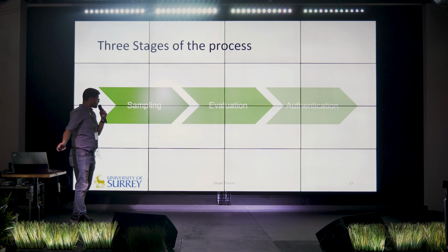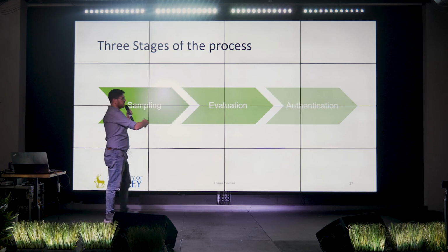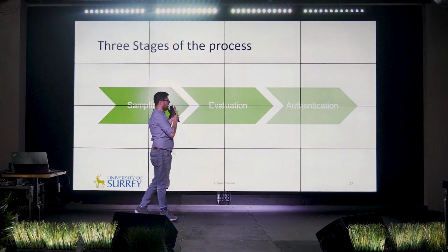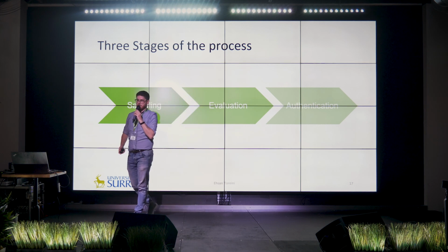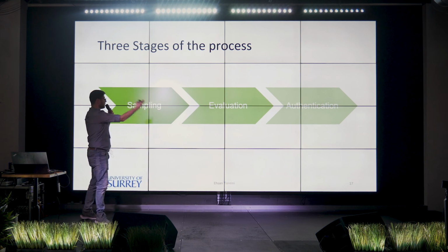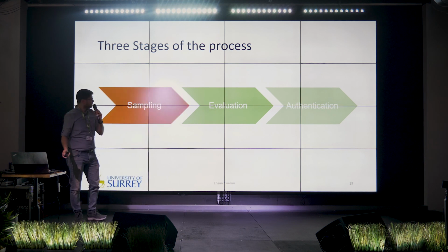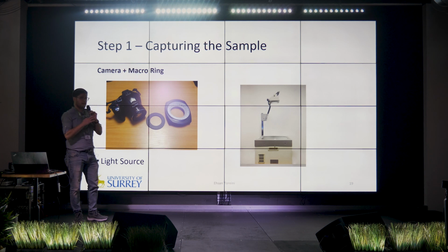What we did is first start by sampling our paper sheets, evaluating them, and then coming up with an authentication protocol specifically tailored for what we acquired. So I'll start with sampling.